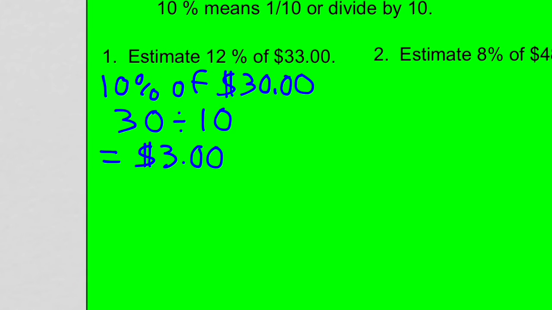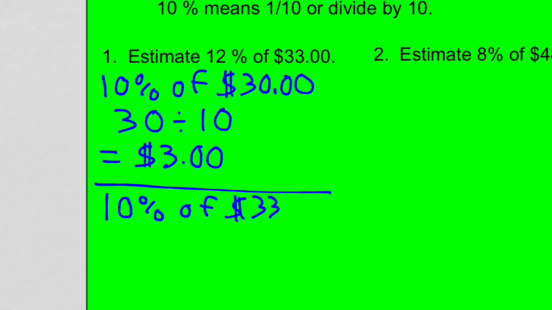But there's something else we could do as well. I'll draw a line here and separate this. So there's another way we could do this. We could estimate 12% of $33 and make that 10% of $33. We don't need to round the second amount because when you're using 10%, 10% means to divide by 10.